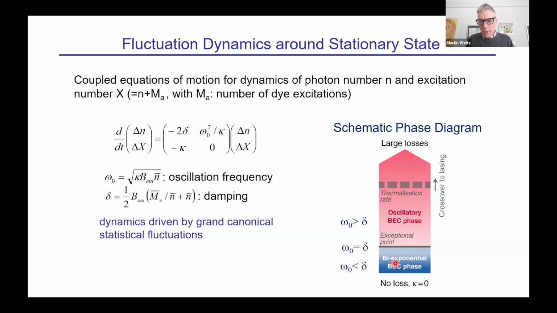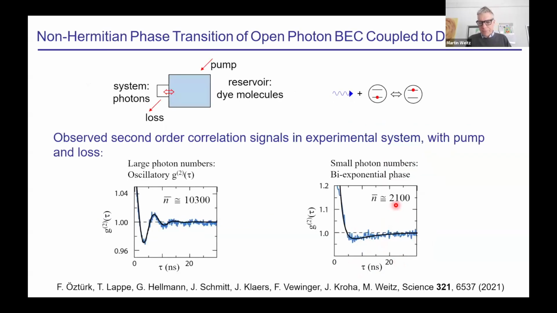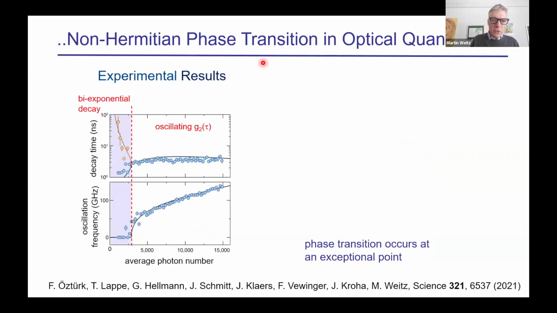We, of course, wanted to look at this bi-exponential phase, and we see that here at a smaller photon number, our experimental correlation data is well fitted by an exponential function. We also wanted to look at the phase transition, and what you see here are the two loss timescales that we see for small photon numbers.